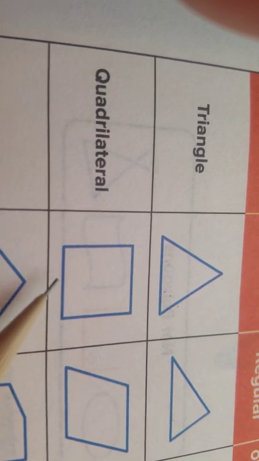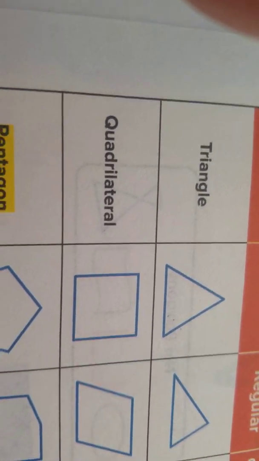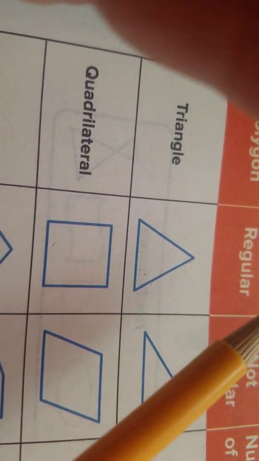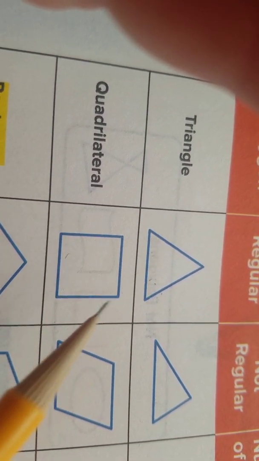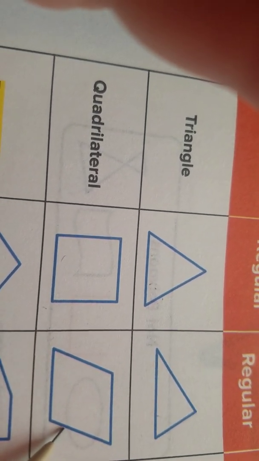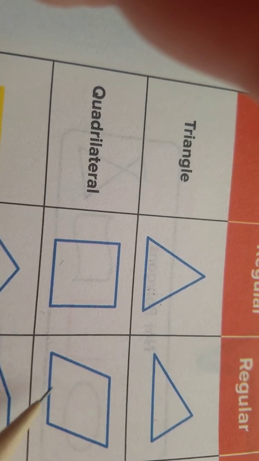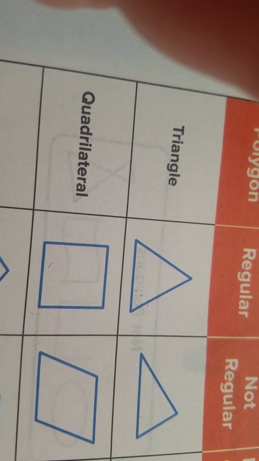A quadrilateral has 1, 2, 3, 4 sides. In this example, this first one here, the quadrilateral is regular. All 4 sides are equal, and all 4 angles are equal. The second picture here is not regular. I believe probably the 4 sides are equal, but the 4 angles are not equal.